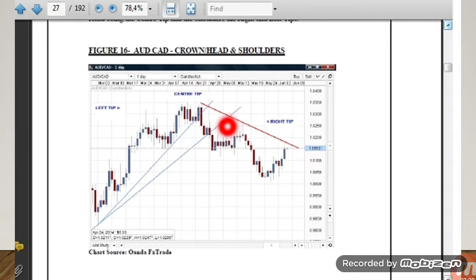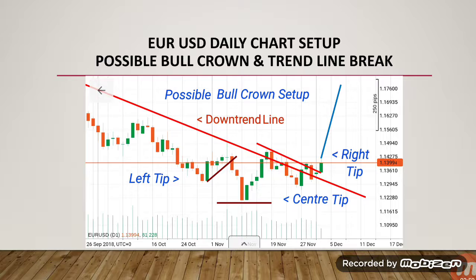And the right tip is formed as the market breaks above the previous trend line, forms the setup, and then the break of that setup is what is going to lead to the start of this reversal. So what we need here is for the market to break above this counter trend line setup with a strong enough bull signal that indicates that we're going to be seeing the market start this uptrend.